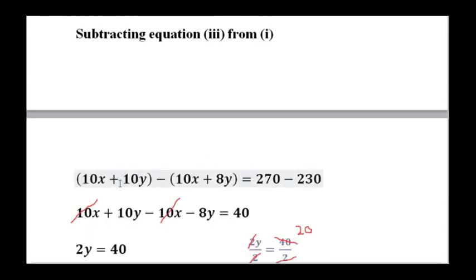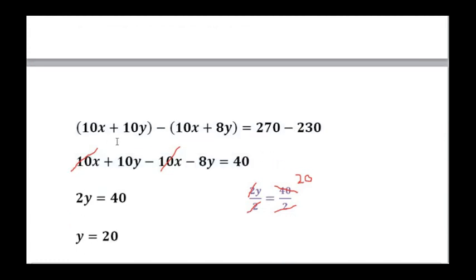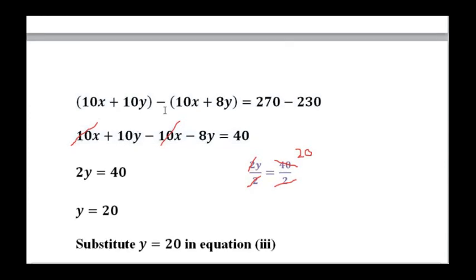(10x plus 10y) minus (10x plus 8y) equals 270 minus 230. Now, the next step is to simplify the parentheses. I will multiply the negative sign by the first term positive 10x and then by the second term positive 8y.